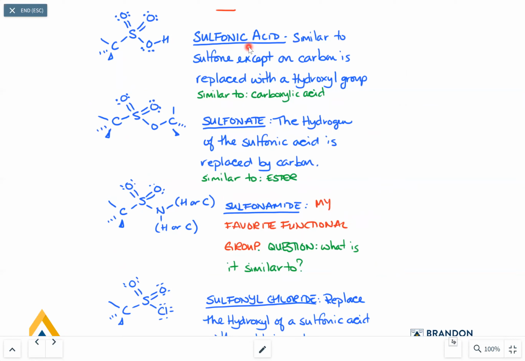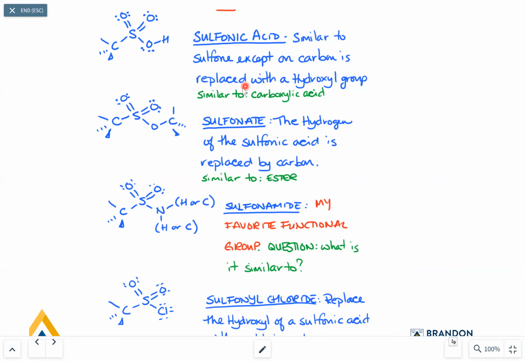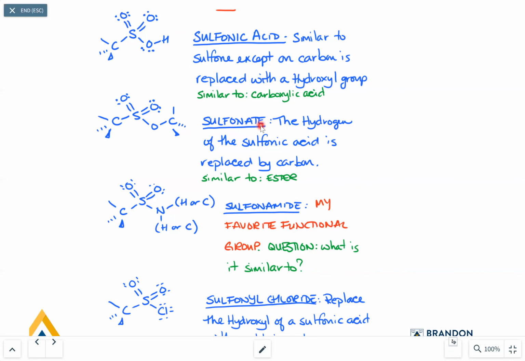So carboxylic acid, sulfonic acid. So it's similar to the carboxylic acids. O carbon, so this is like the ester, sulfonate. If you do nomenclature of organic compounds, the -ate part is what you would call an ester.